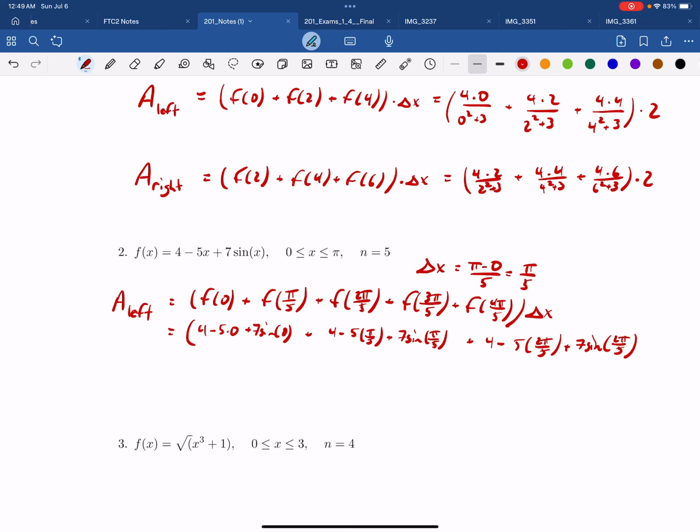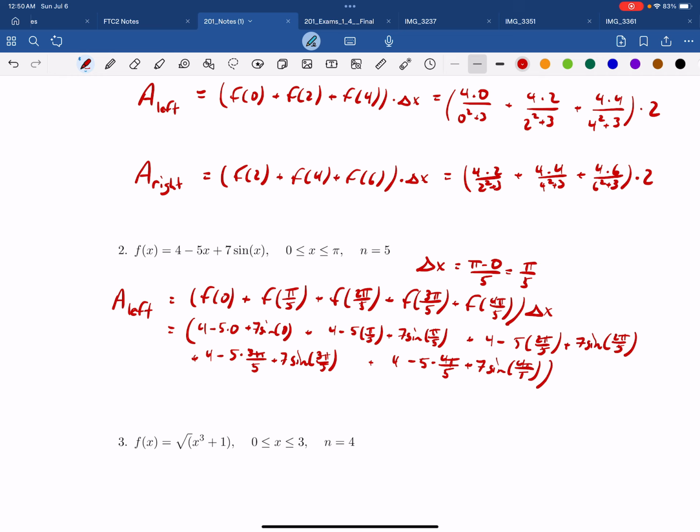And then let's continue. We've got 2 more terms. 4 minus 5 times 3 pi over 5, plus 7 sine of 3 pi over 5, plus the last term over here: 4 minus 5 times 4 pi over 5 plus 7 sine of 4 pi over 5. Whew. Times delta x, which is pi over 5.